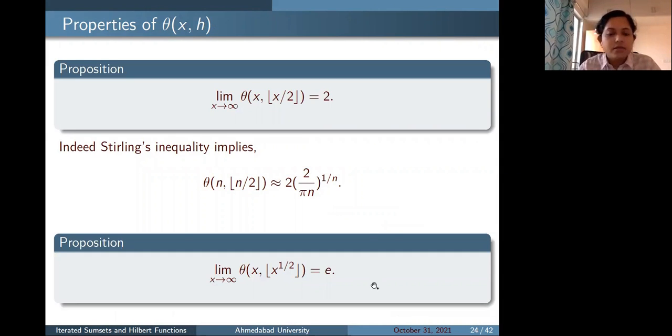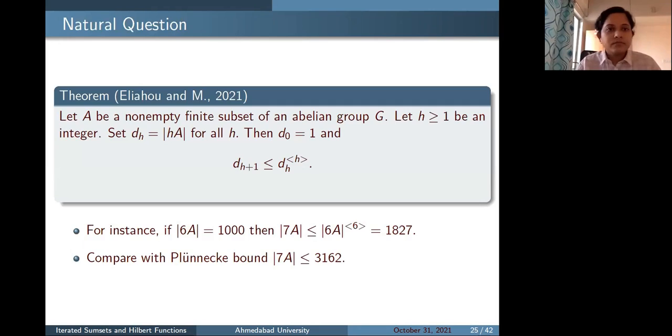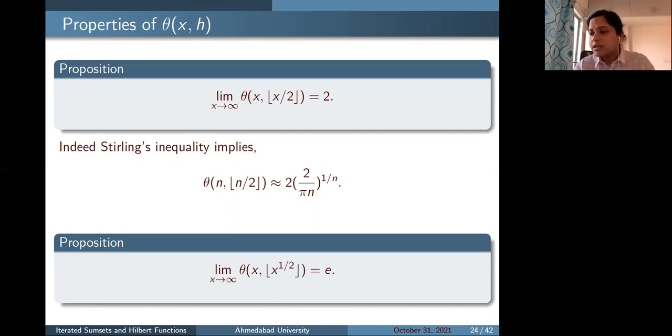And if again we extend to infinity and consider theta x root x, then that is tending towards, well, this is the result which I have.